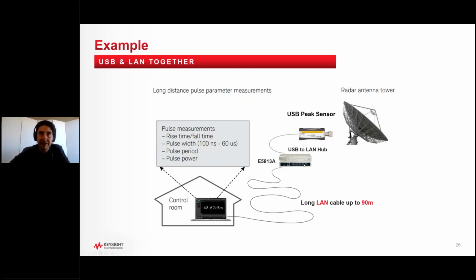This interface lets us couple our USB connections to our hub, as well as interface the long LAN cable that will feed back to our computer in our control room. This greatly eases the burden of what was previously loss associated with cable, and is a much easier setup to manage.